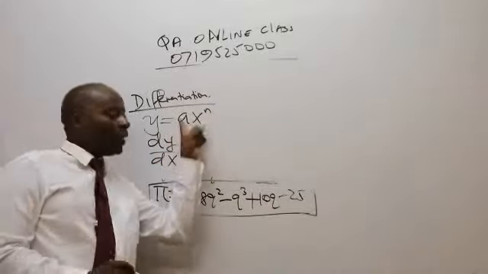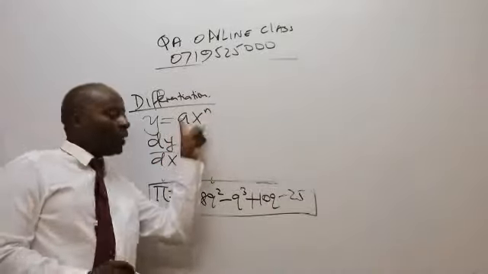So, ladies and gentlemen, if, for example, you give me something like y equals 10x raised to power 6 plus 30x plus 50, and then you tell me to differentiate this, how will I be able to differentiate this? It doesn't matter how many terms this has.